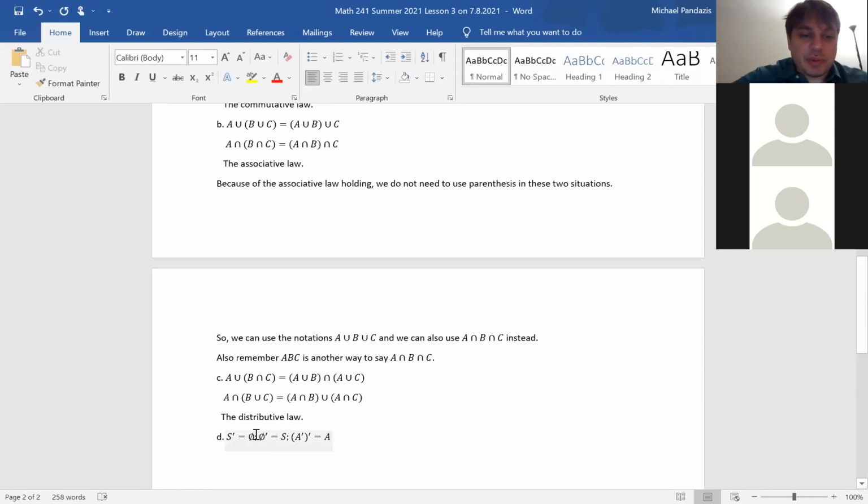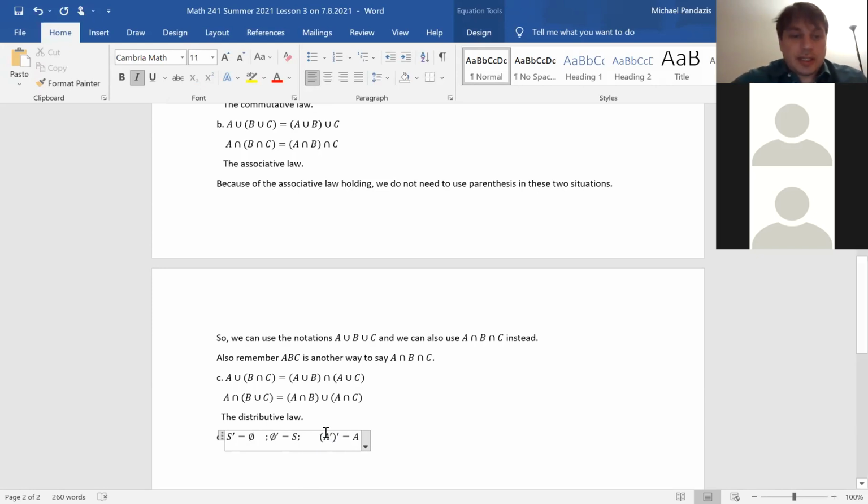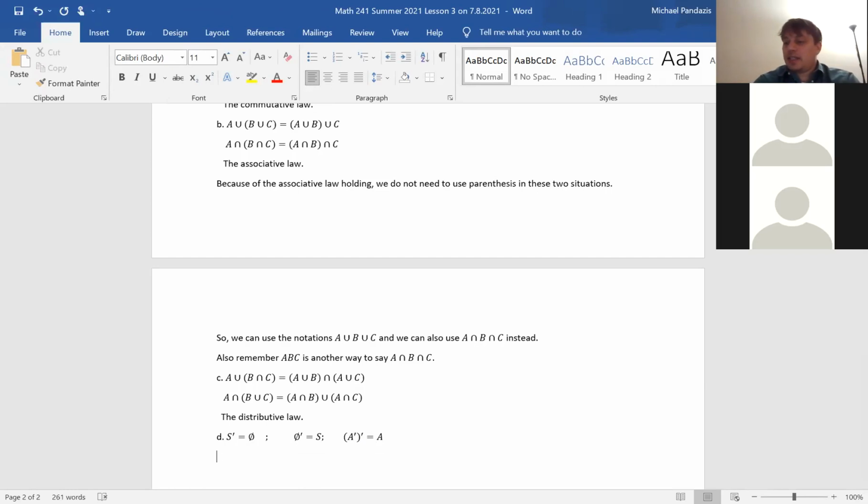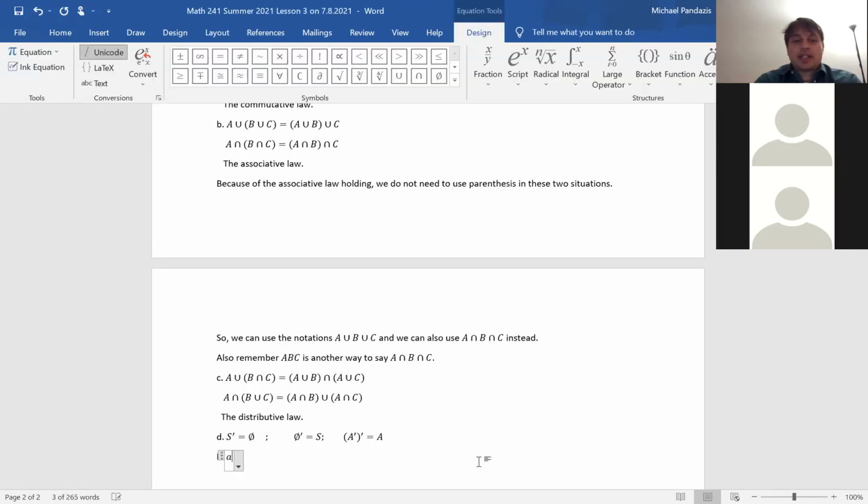Okay, so these are three more useful things to know. That's D. E: if you take a set A and you union it with the universal set, you get back the universal set. If you take A intersected with the empty set, you get the empty set.